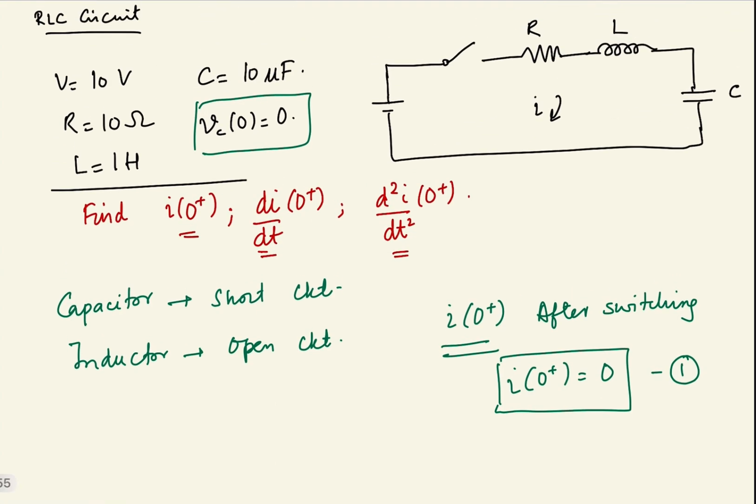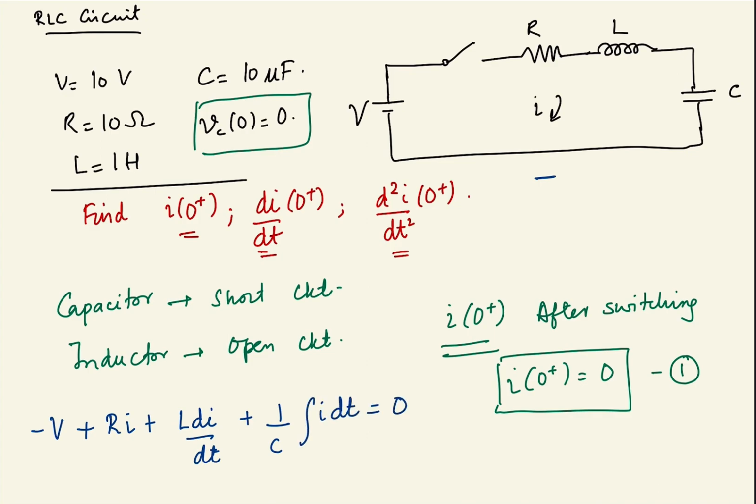What I'm going to do next is apply KVL in this circuit, and I'll simply write that minus V plus Ri plus L di by dt plus 1 by C integral i dt is equal to 0.